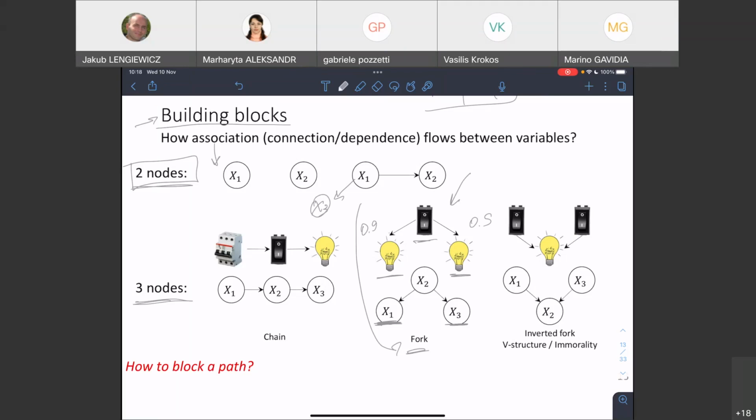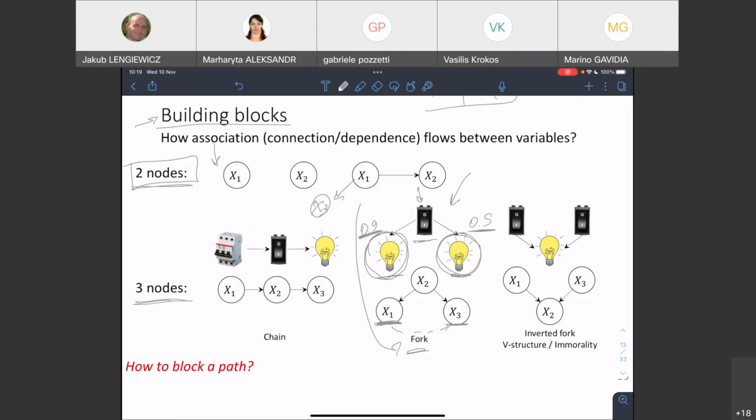Now the question: if I know the state of this light bulb, if I see that it is on, does it tell me anything about the state of the other one? In general, yes, because if it is on, we know with very high probability that the switch is on, and the switch being on implies with high probability that the other light bulb is also on. So yes, there is statistical association flowing between these two variables.